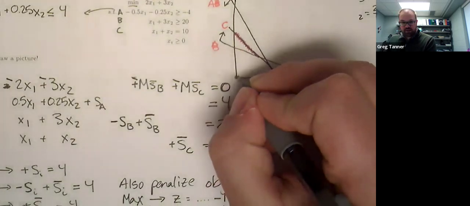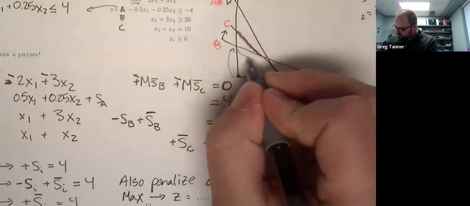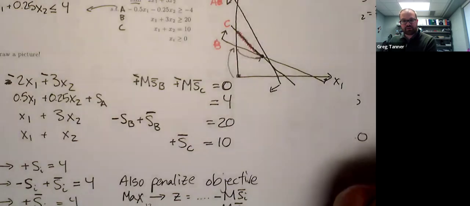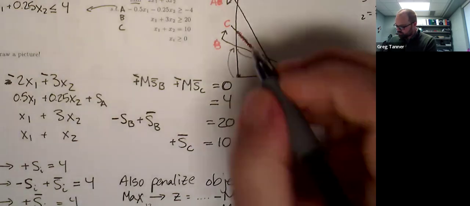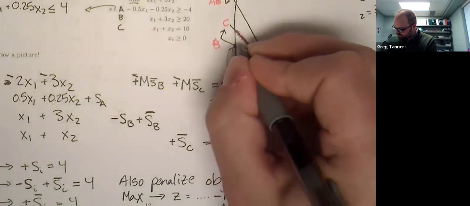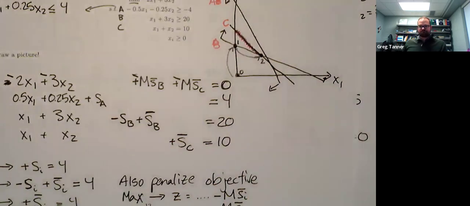And so we started here, we moved up to here, and then we moved along this constraint to right here, and that ended up being the optimal solution right there. So this is our initial spot, after one iteration, and after 2 full steps.